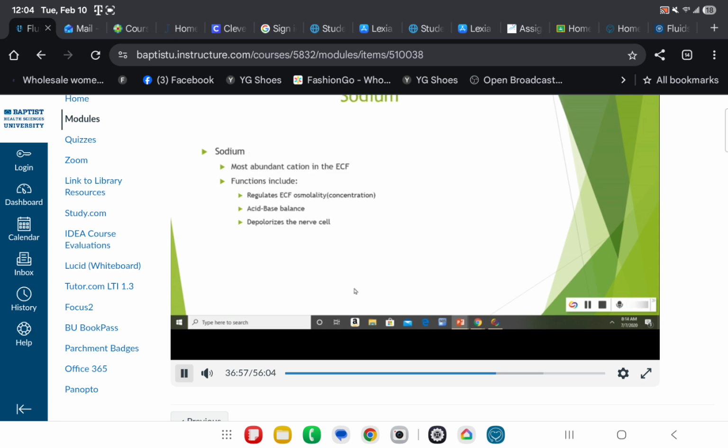Now we're going to the last part of this, where we look a little bit more at sodium and water and what is going to regulate those things. So let's talk about sodium. Sodium is the most abundant cation in the ECF, and it has a few functions that I want to mention. Sodium is going to regulate your ECF osmolality. The term osmolality is a term that you should put in your vocabulary.